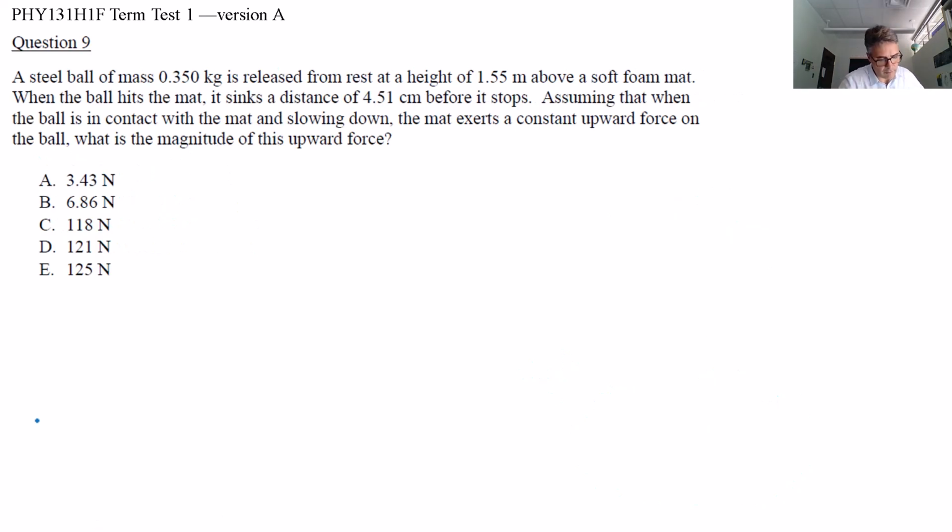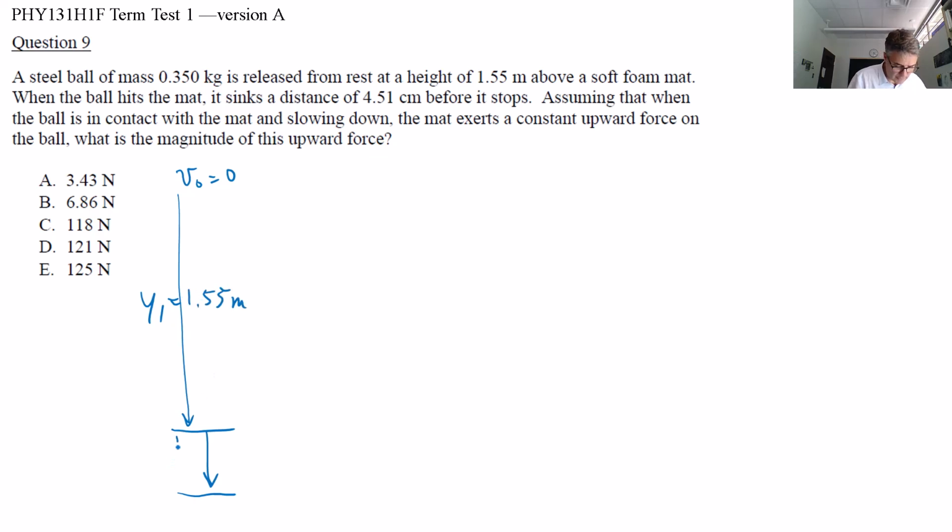A steel ball of mass 0.35 kilograms is released from rest at a height 1.55 meters above a soft foam mat. So V0 equals 0. When the ball hits the mat, it then sinks a distance of 4.51 centimeters before it stops. Okay, so the first thing that happens is it goes some distance y1, which equals the 1.55 meters.